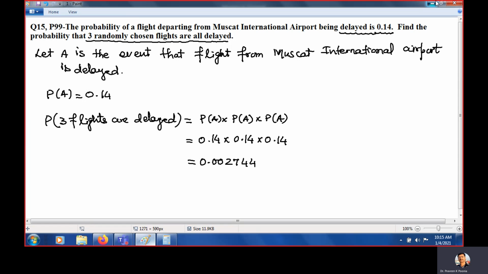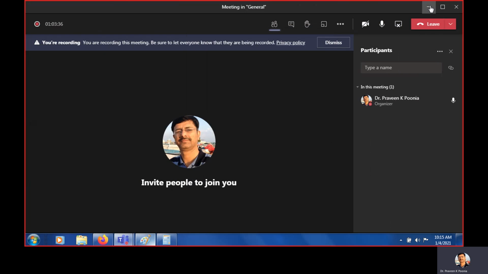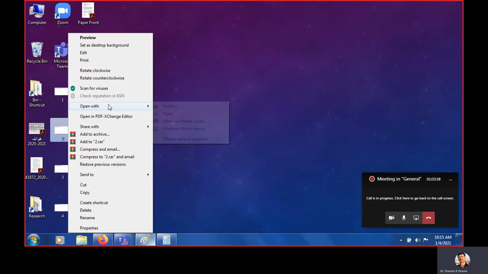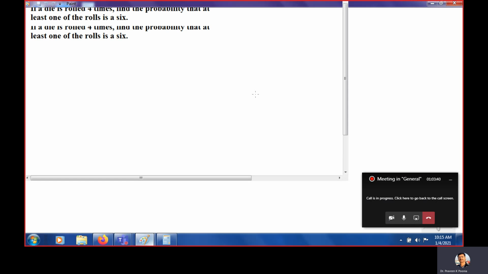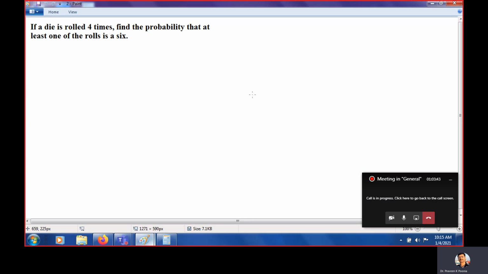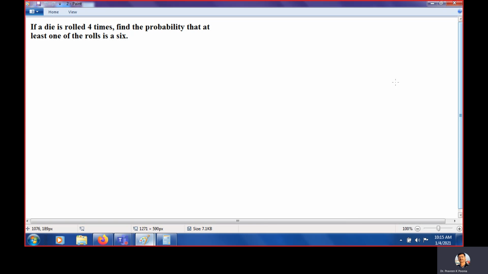Okay. Now after solving this question, we will solve another question I have chosen, related to the complement, the at least event. What is the question? If a die is rolled 4 times, a die means a cube having 1, 2, 3, 4, 5, 6, find the probability that at least one of the rolls is a 6.